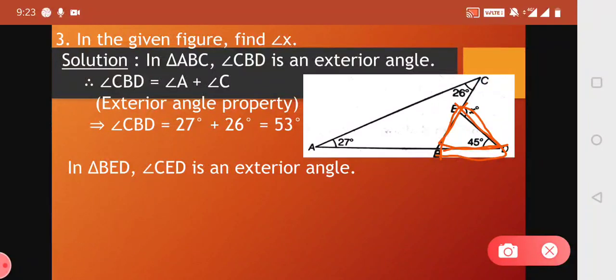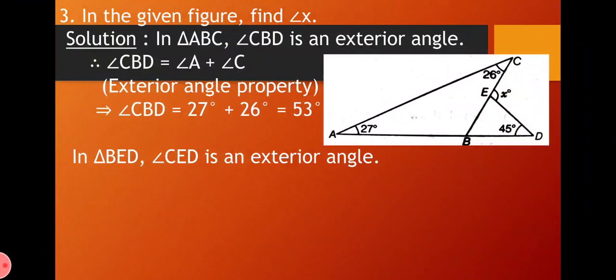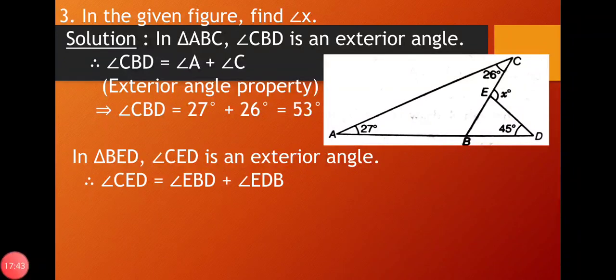Your angle CED will be your exterior angle, that is this angle which we have to find as X. This will be the exterior angle of triangle BED. So again, according to the exterior angle property, we will get angle CED.